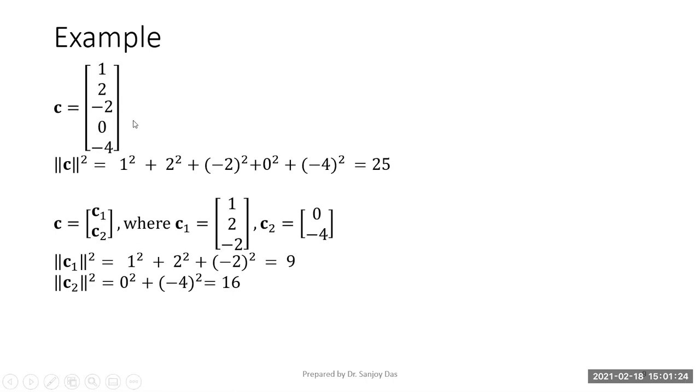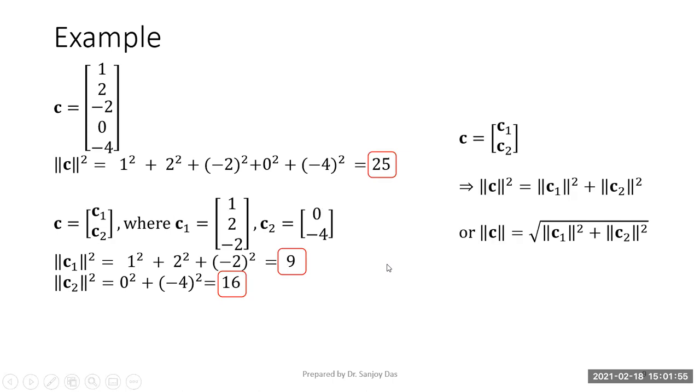They're not equal halves. So C is C1, C2, correct? What's C1's L2 norm squared? 1 squared plus 2 squared plus negative 2 squared, that's 9. And what's the L2 norm of C2 squared? 0 squared plus negative 4 squared, which is 16. 16 plus 9 equals 25, right?